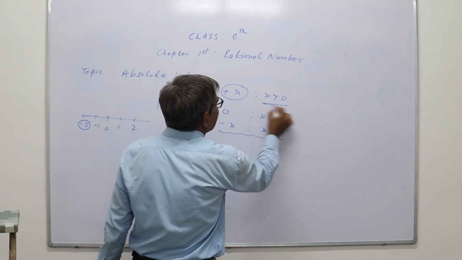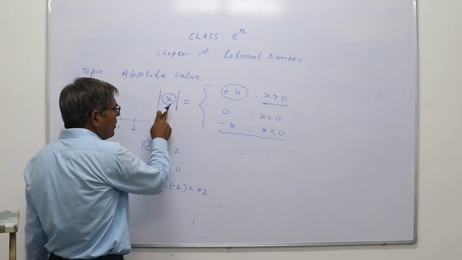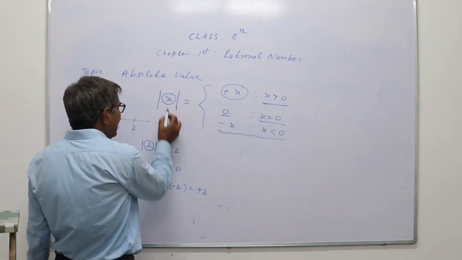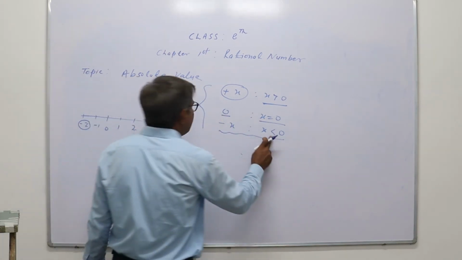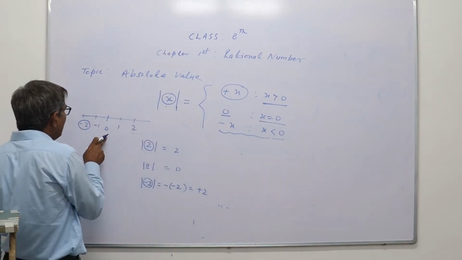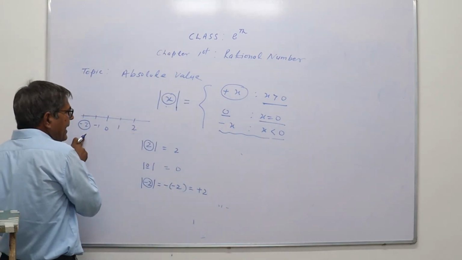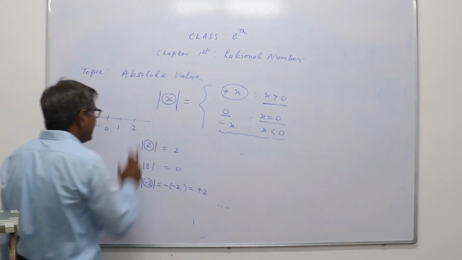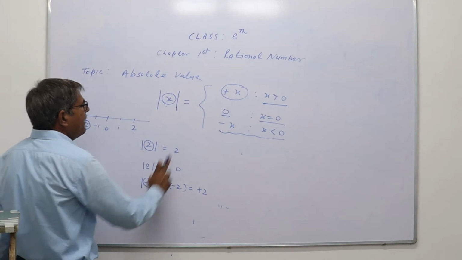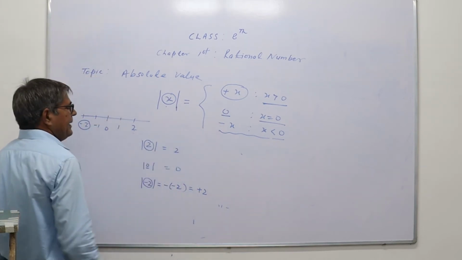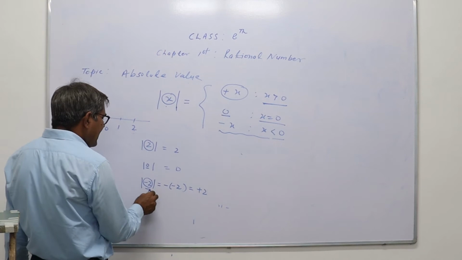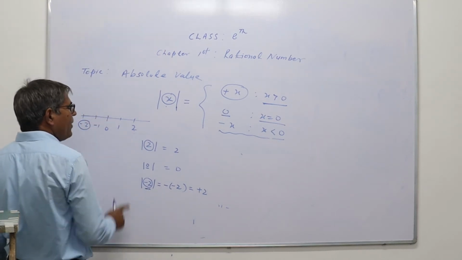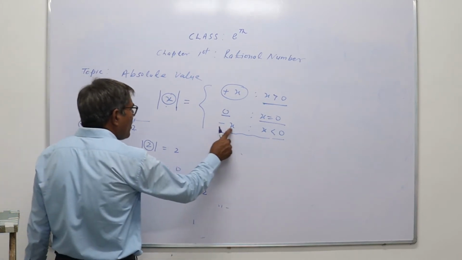Therefore absolute of any real number will be equal to plus of that real number when that real number is greater than 0. Absolute of 0, if the real number is itself 0, then its value will be 0, and if the real number is less than 0, lying to the left side of 0 on the number line, then the absolute of such a negative real number will be minus of that real number. So here the real number is minus 2 and it is less than 0. Therefore its absolute will be minus of that.